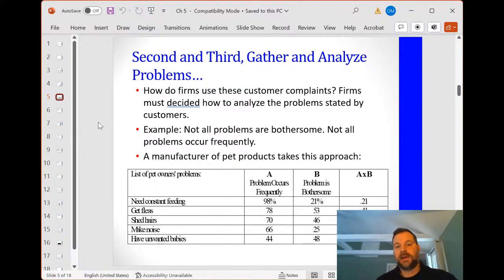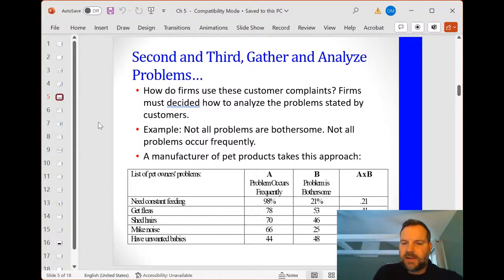Third, you gather and then analyze these problems. You're creating this pool of problems, but you also want to figure out not only how often they happen, but how bothersome they are. For example, if you're a company that makes pet products, you want to focus on the things that happen frequently, sure, but also things that are more bothersome.